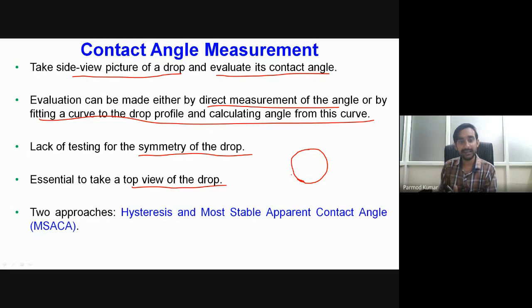Okay, then apart from that, it is not only a task of finding the value of the contact angle, because I have already told you that when we go for measurement of contact angle on real practical surfaces, for different experiments we may find a large spectrum of contact angle values.